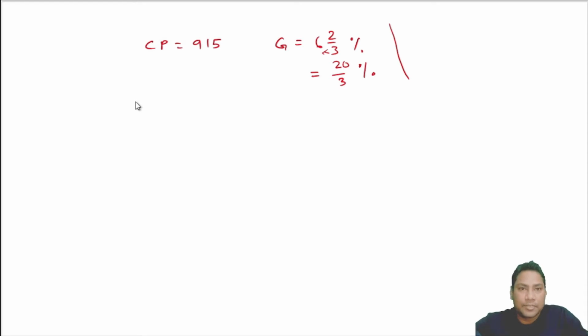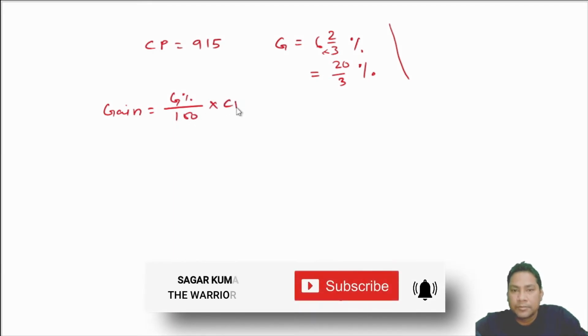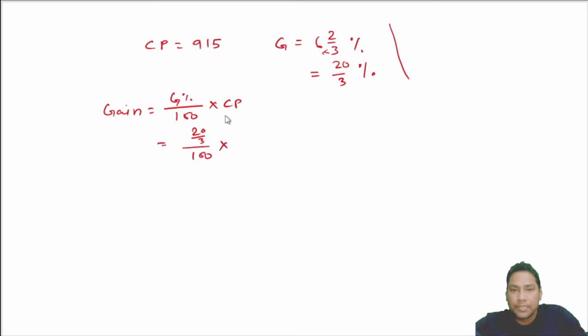Now, going to our first approach, we will first calculate the gain amount. Gain is equal to gain percentage or profit percentage divided by 100 into cost price. The gain percentage is 20 by 3 divided by 100 multiplied by cost price 915. Now I will first simplify this 20 by 3 and divided by 100. Here we are seeing that two divisions.